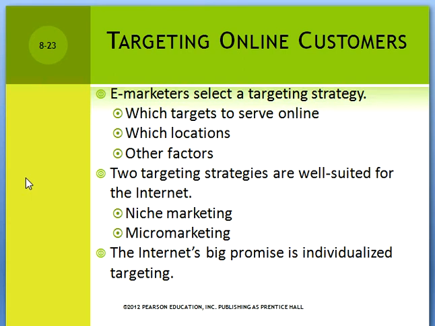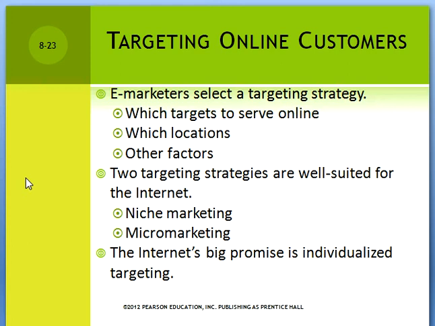Secondly, targeting. Targeting online customers, e-marketers select a targeting strategy which targets to serve online depending on the location and various other factors. And as we said before, there are two targeting strategies which are well suited for the internet. One is niche marketing and the other one is micro marketing. Offline, it has been very difficult to target the niche market because niche markets are basically small segments.